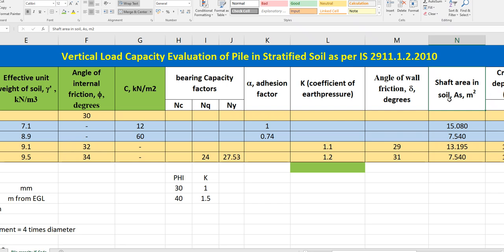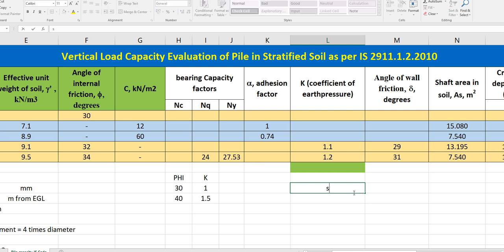Now we have the shaft area in soil, A_s. So what is this area? You need the thickness of the stratum for which you are evaluating the skin friction, and it is simply the shaft area of a cylindrical shape.